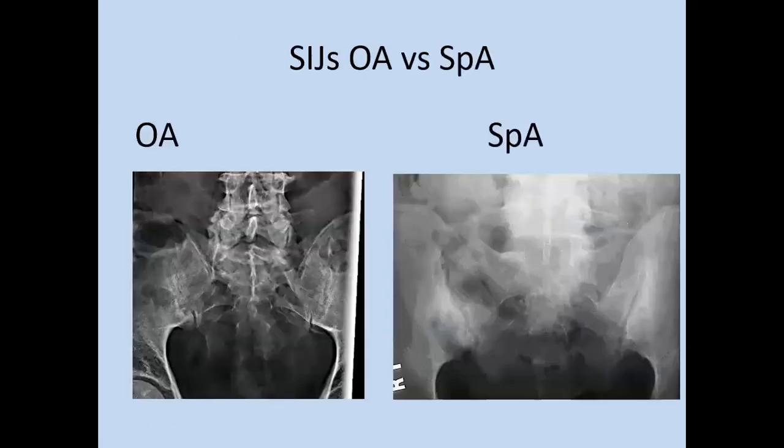Here we have two examples, SPA on the right, the degenerative joint disease with osteophyte on the left. And remember, sometimes the most confusing part is osteoarthritis of the sacroiliac joints, it can be erosive. So that's when you might need further imaging such as MRI or clinical features or HLA-B27.